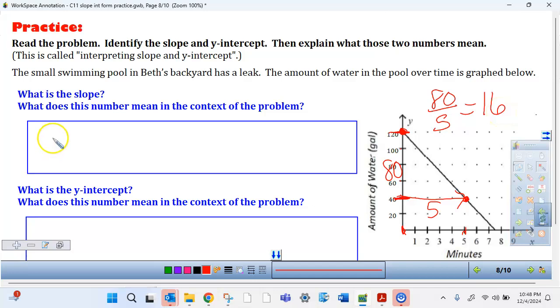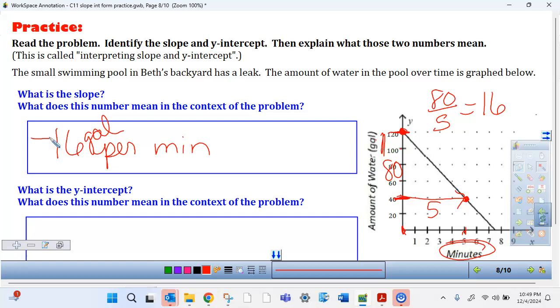So your slope is 16 per, and we're not going to say x this time. The x is minutes. 16 per minute. What are the 16? The 16 are gallons. The line's going downhill, so we would say -16 gallons per minute is the slope.